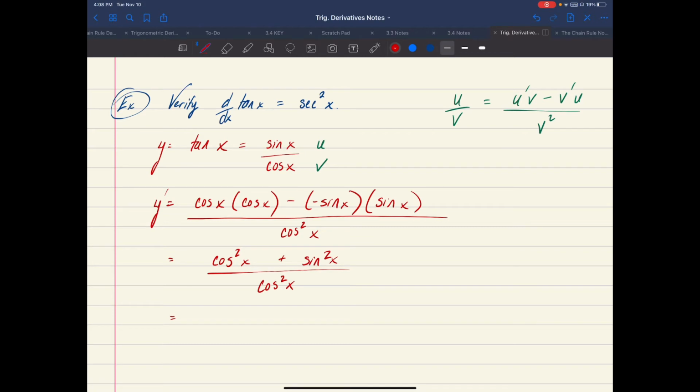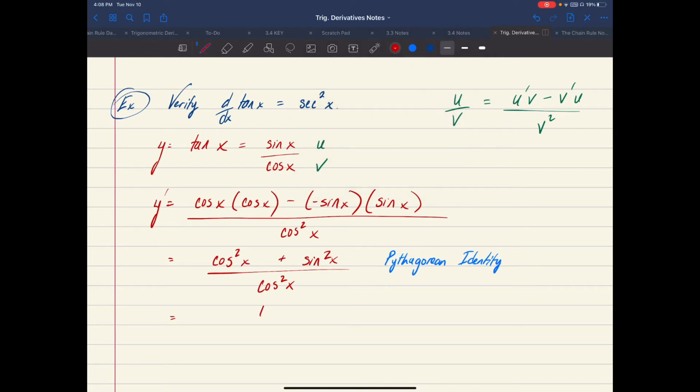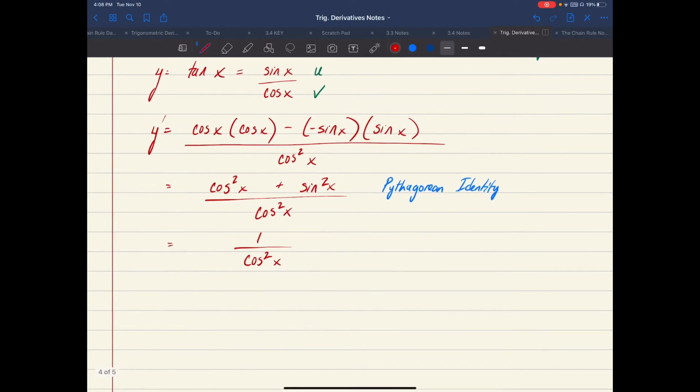I know that I don't want to split that fraction apart. I want to apply the Pythagorean identity. And so then I can rewrite this as 1 over cosine squared x, and that used the reciprocal identity there.